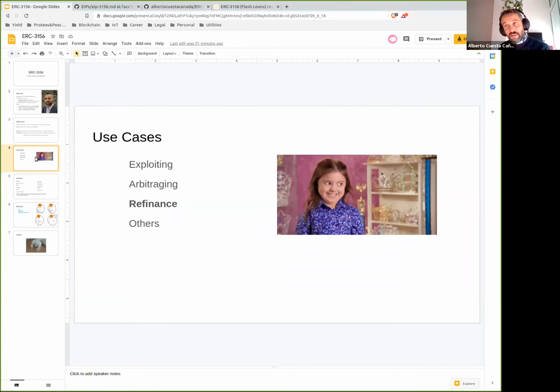It's still not the use case that makes me more excited about, which is a use case that will be a lot closer to people when they actually start seeing it used, which is refinance. Such a boring sounding name, refinance. No, it's actually quite cool. So refinance is, for example, what DeFi Saver does when you go to their platform and says, could you please move my assets from my positions from Aave to Compound, or vice versa?